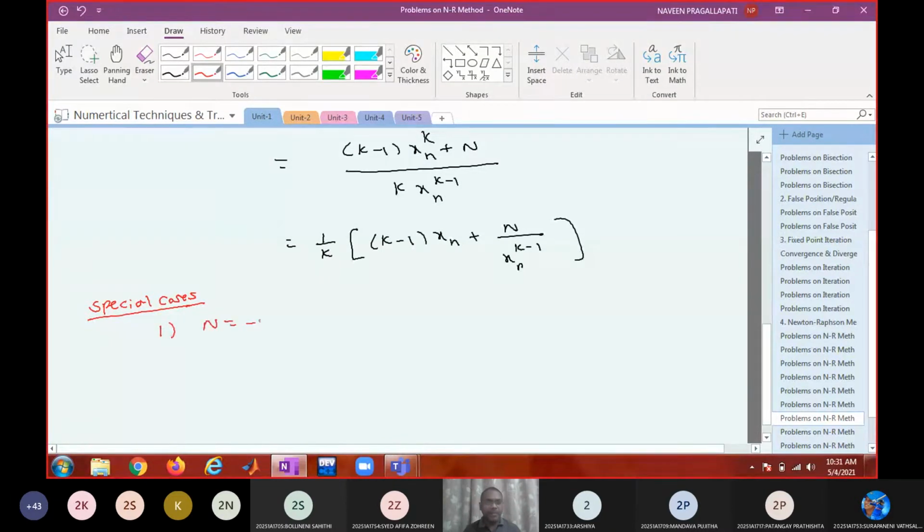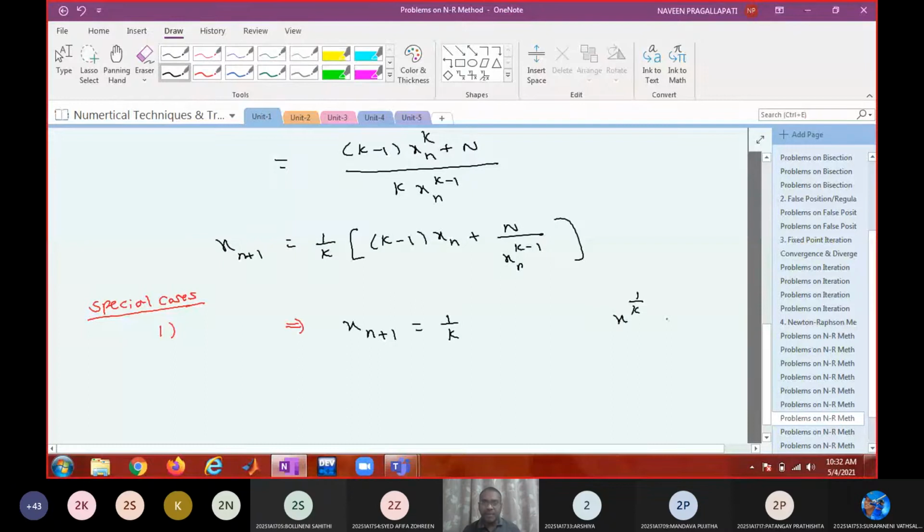So k equal to minus 1 implies xn plus 1 is equal to 1 by k times, is this n equal to minus 1 or k equal to minus 1? 1 by n, no? x power 1 by k.